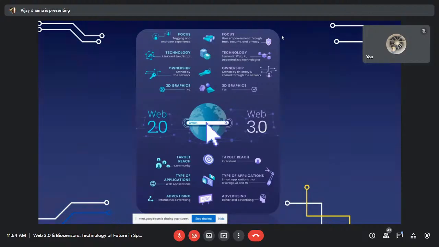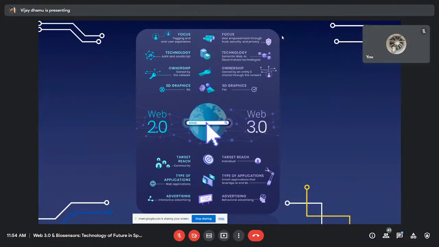In Web 3.0, it is planned to be owned by an entity, or AI entity, which no one else will be able to access.